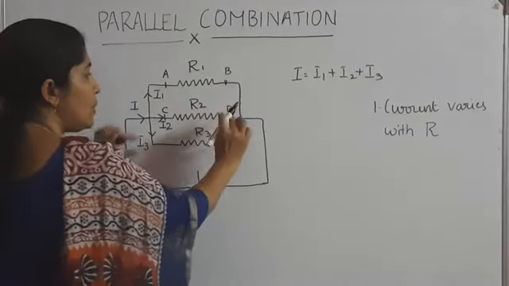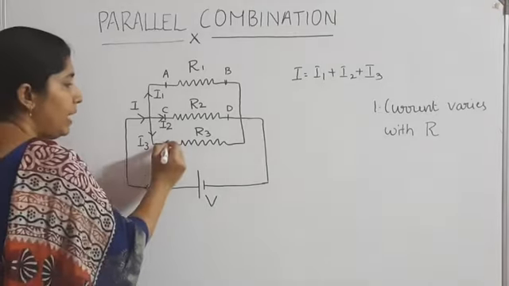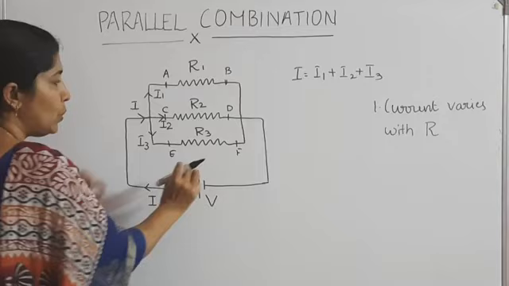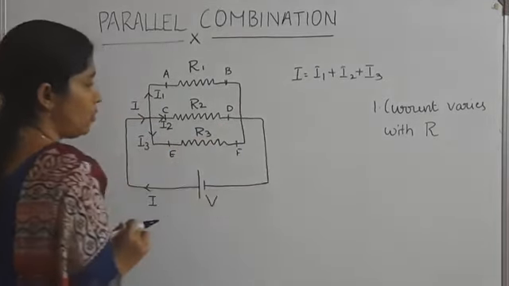C and D are also connected to the same voltage source. What about E and F? These two points are also connected to the voltage source V.